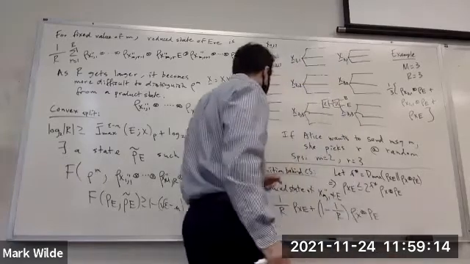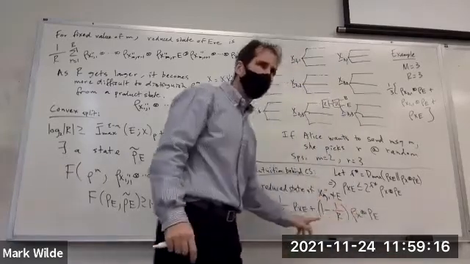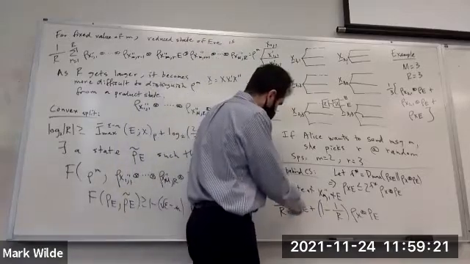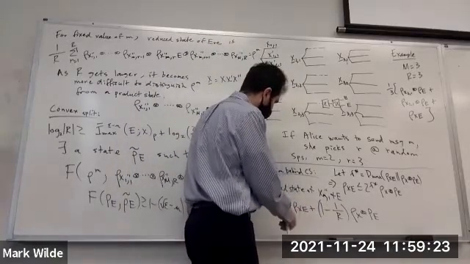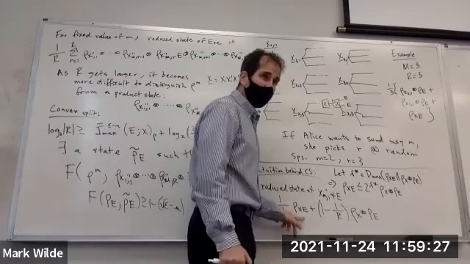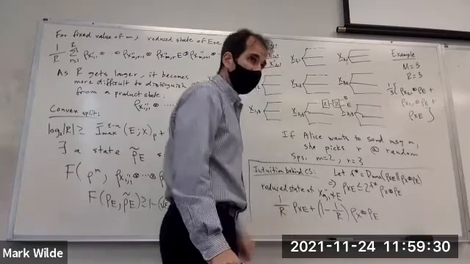So if we do that, then this is the reduced state. But the point is that in this reduced state, there's a very low chance that the state is the correlated state. Okay.